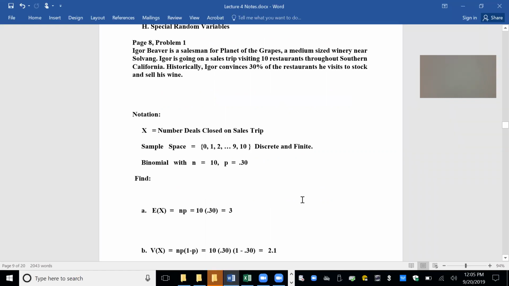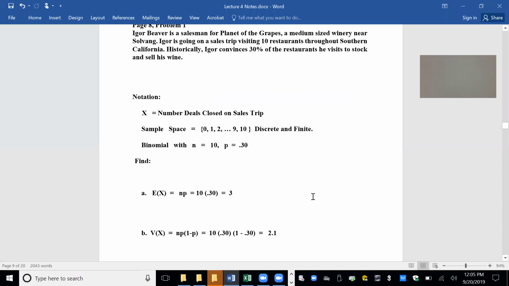And as always, we start with an example that illustrates what it is we're trying to learn, so we can get a foothold, a grounding on what it is that we're dealing with, so it makes sense. Our problem concerns Eager Beaver, a salesman for Planet of the Grapes, a medium-sized winery near Solvang.